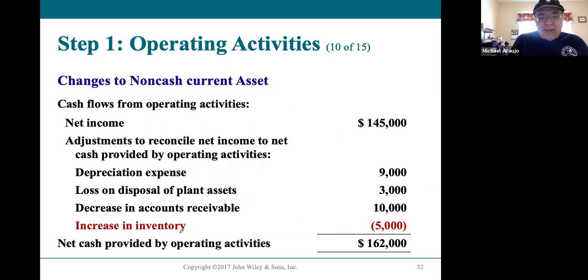So the increase in inventory means we have to use more cash to buy it, and so we reduce our cash flow by that. The negative number here simply means our cash going out. A positive number simply means cash coming in or staying in.